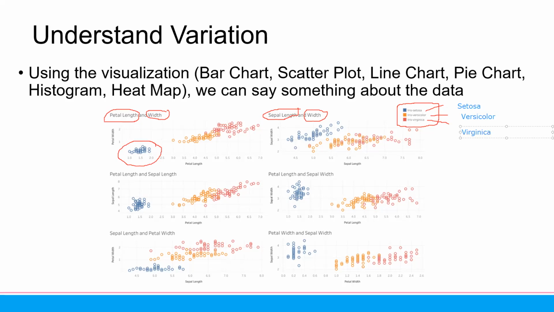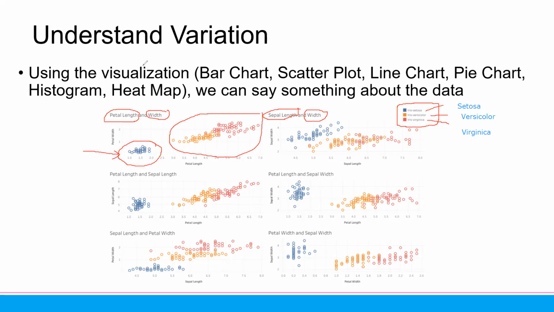Now, if you apply this plot, you can easily distinguish them. I can see that the petal length for the setosa is smaller than the other flowers. So we can understand the variation easily based on this visualization.